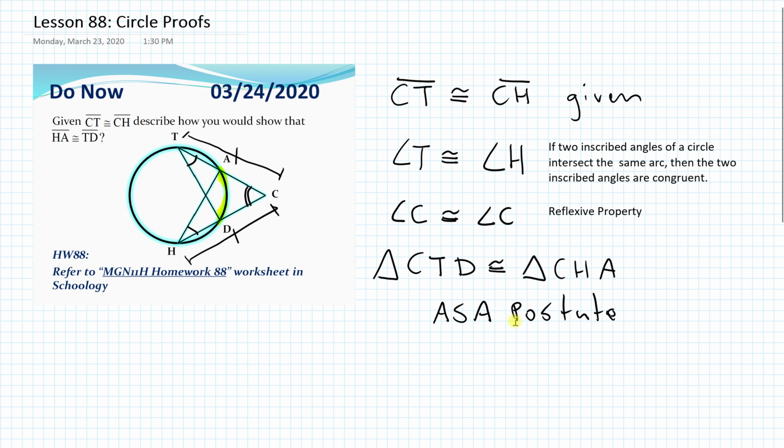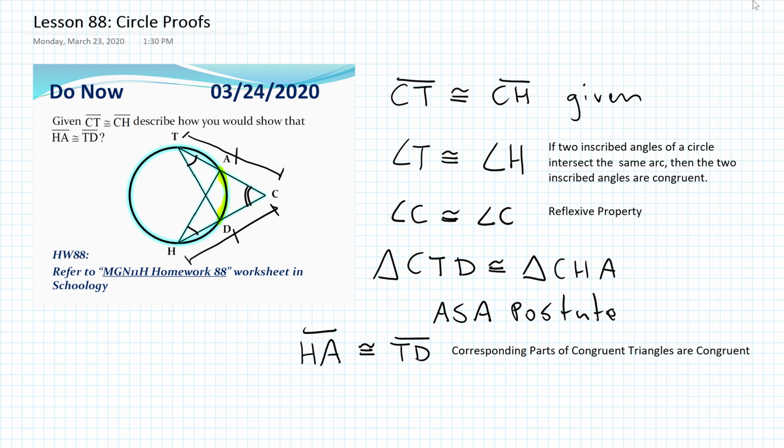Now that we know that the triangles are congruent, how do we know that segment HA is congruent to segment TD? The famous CPCTC, but in this case, we should actually always write it out. Corresponding parts of congruent triangles are congruent.